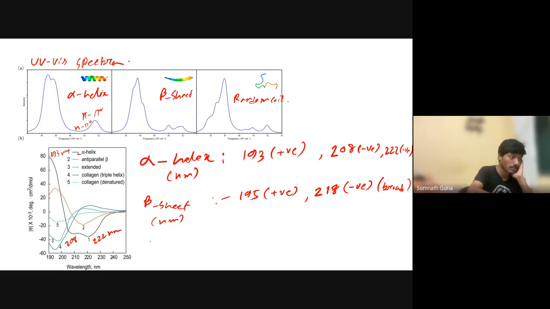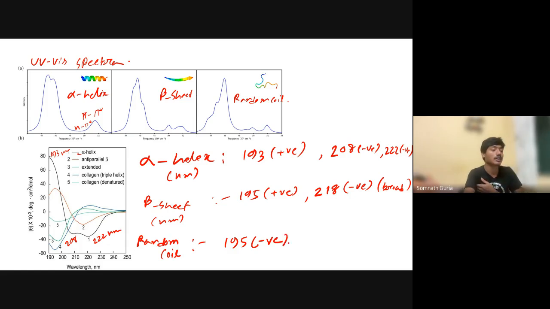Now we have the random coil. The random coil has one characteristic: it will be negative at 195, and the rest of the thing will be undefined. Maybe there will be a different kind of structure in another region.